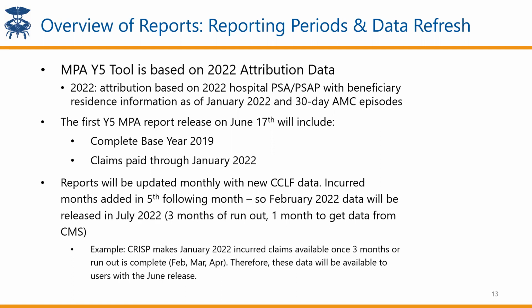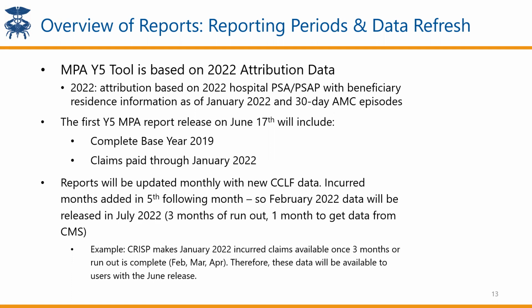And we do it that way, 3 months of run out, so that all of the claims from that month are complete and considered mostly final at that point. So we feel good about providing hospitals insight into the analysis, as they won't be changing as much as they would if we just released the reports as soon as that data month was available.